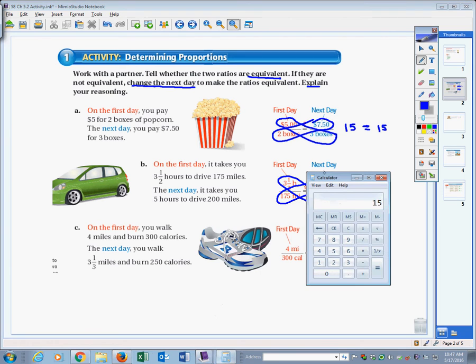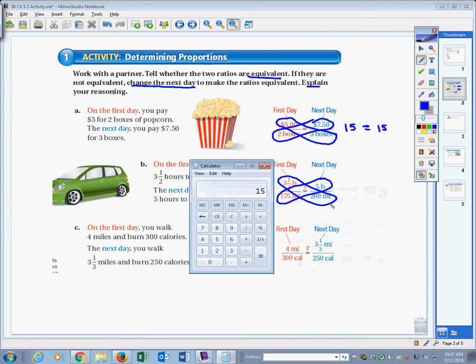I like to draw the ribbons there because it really helps me visualize what it is that I'm multiplying. My top one here is going to be 175 times 5, and that gives us 875.